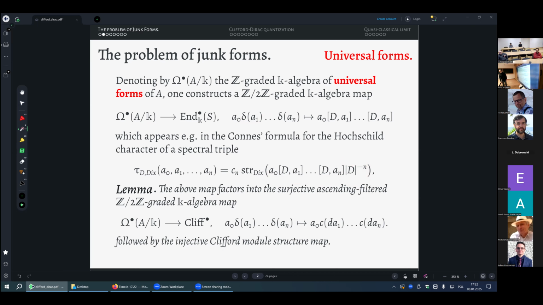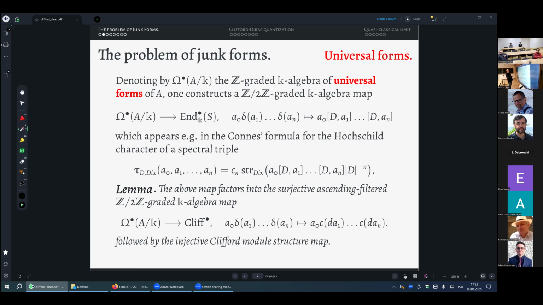And then, although the image of this map sits in linear operators on the module of spinors, the image of this map sits in fact in something much smaller, which can be identified with the Clifford algebra.